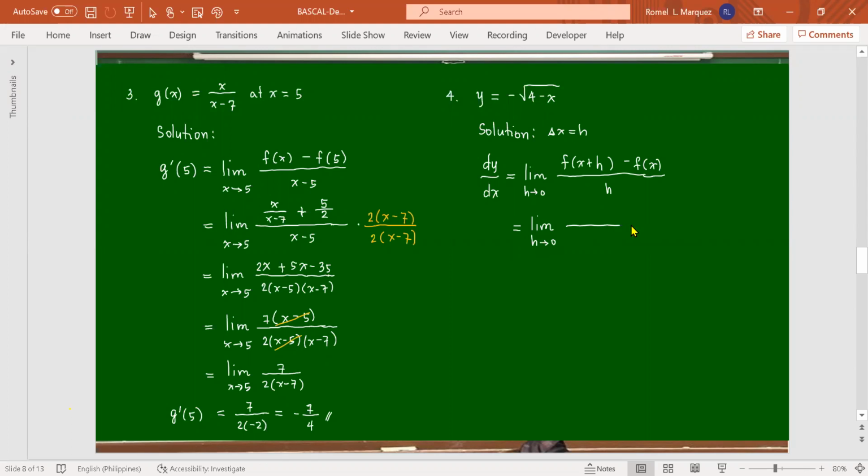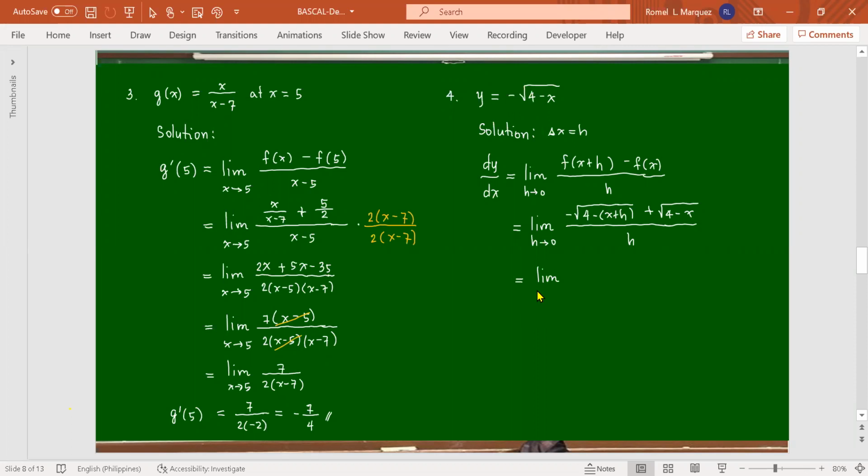What is the numerator? So, negative, then is square root of, replacing x by x plus h. So we have this, minus negative, it is now plus, square root of 4 minus x. Why is it plus, guys? Minus negative, so positive now, all over h. Okay?